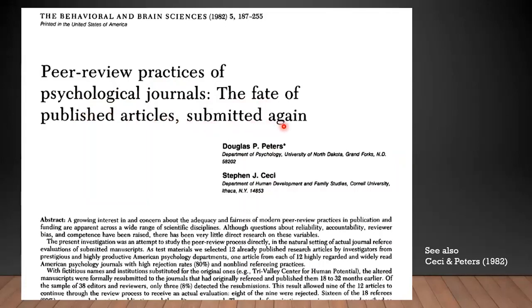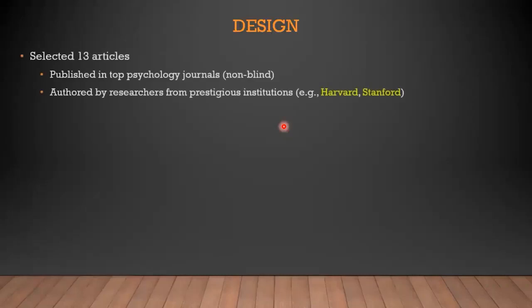So in this paper, what the authors did, they said, okay, let's take a group of published papers and send them again, to different journals in the field, and see whether they will get published again or not. And then this will be a test of the reliability of peer reviewers. But it's tricky. How can you do this? How can you design an experiment like this? So let's look at the design.